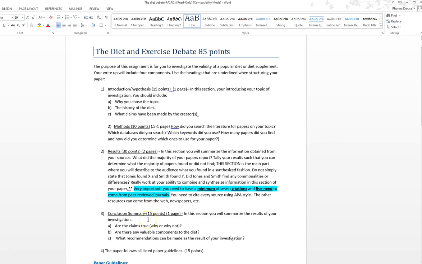The conclusion portion of the paper is where you summarize what you have found. And so you are evaluating the research that you've posed to us and all the information provided, and you are making recommendations and conclusions. Are these claims true? Why or why not?